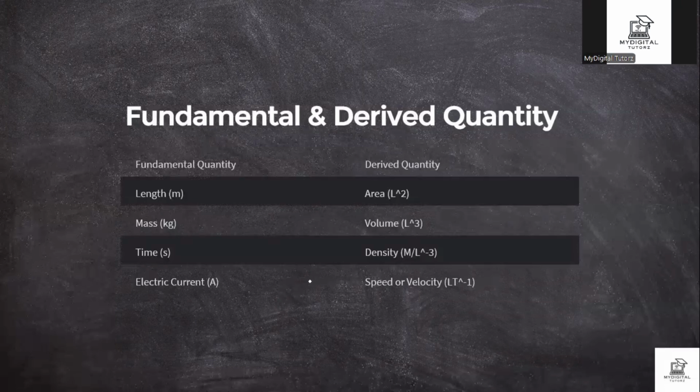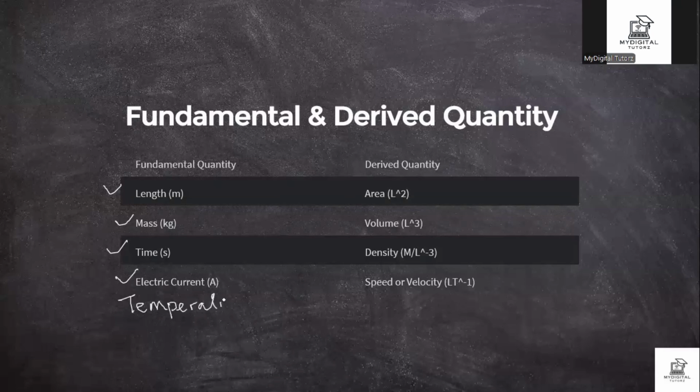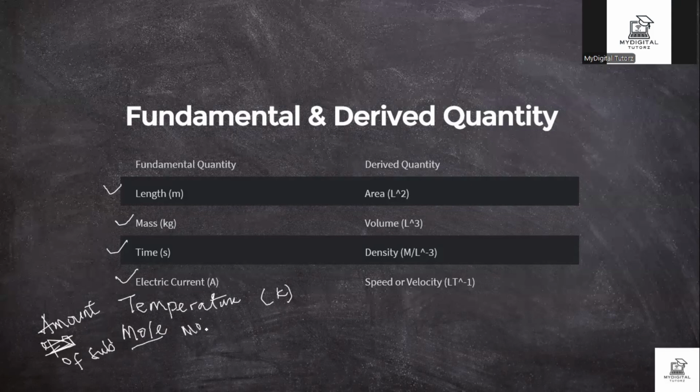Then fundamental and derived quantities. We have basically 7 fundamental quantities, which are length, mass, time, electric current, and temperature, measured in Kelvin. We have mole, or amount of substance, and the unit is mole, M-O-L.